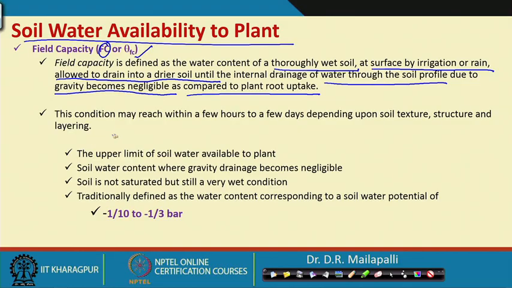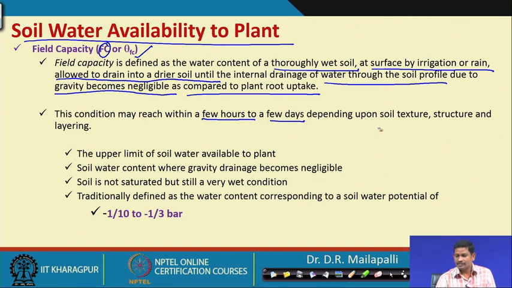This condition may be reached within a few hours or a few days, depending on the soil texture, soil structure, and layering. For example, in sandy soil, where you have a lot of sand, within a few hours the gravitational water is going to drain out.